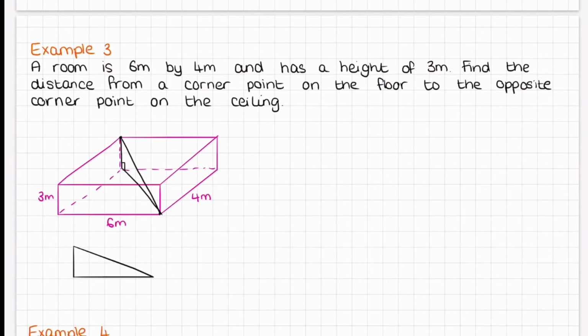We know the height of the room, which is this side, is 3. Now we don't actually know what the length of either of the other two sides are, so we have to work that out first. Now if we look at the floor of this room, with the black line going across the floor, here, I'll draw an orange next with this bit here, the floor is a rectangle.